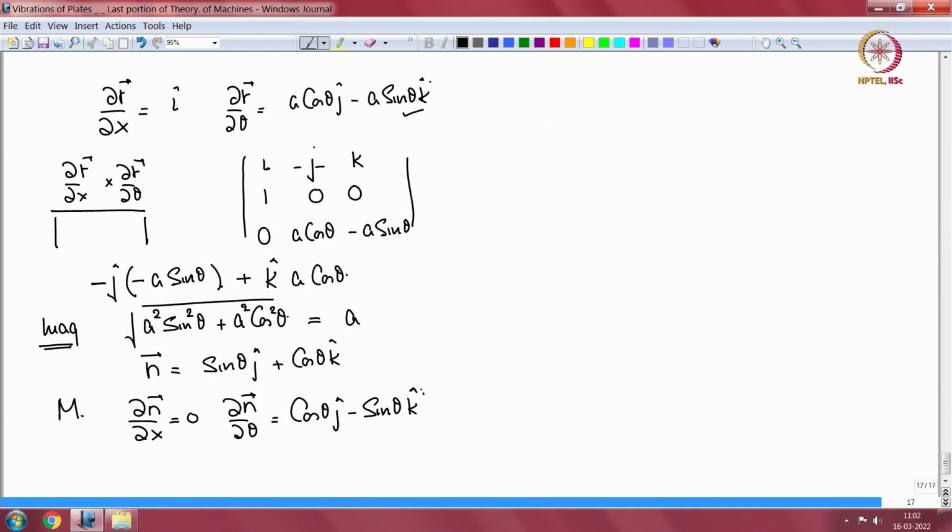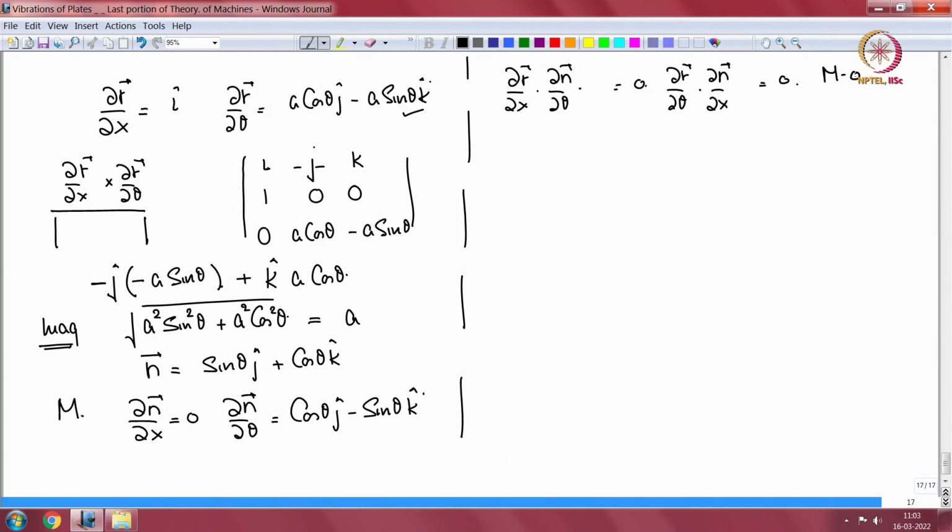Now if I do del r del x dotted with del n del theta, it is 0, since i is orthogonal to j and k. And if I do del r del theta dotted with del n del x, del n del x is 0, so that is 0. So that means my m is 0.